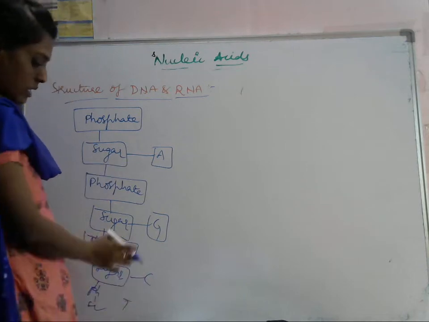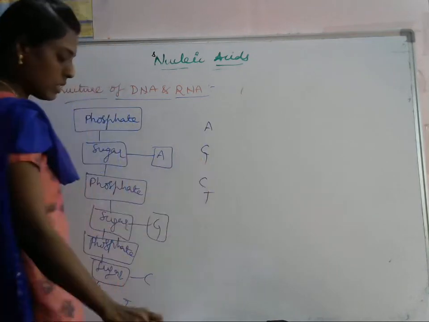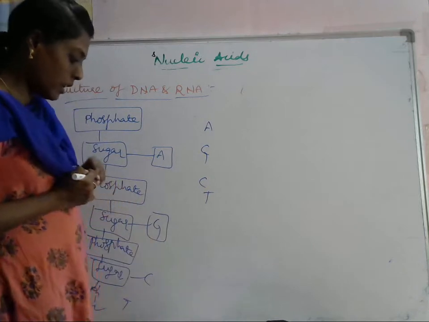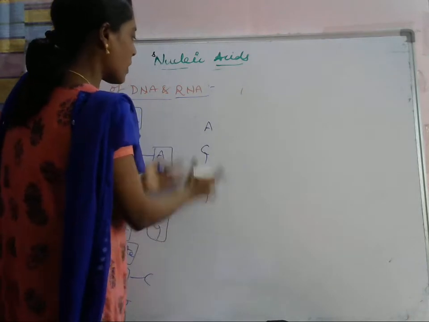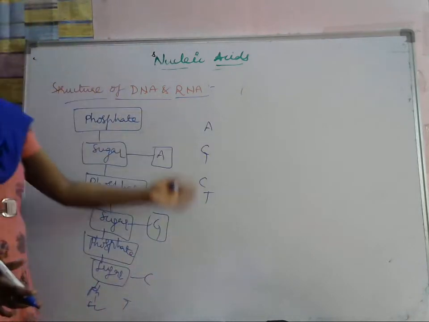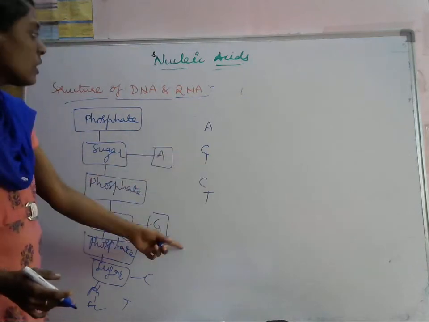So like this we have A, G, C, T in the DNA. This is the primary structure; only the nucleotides are there.